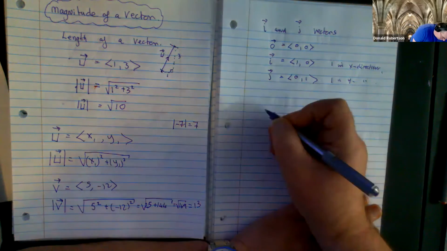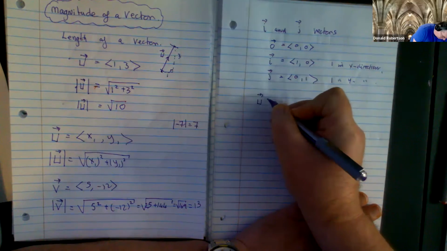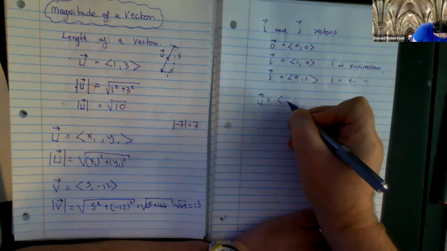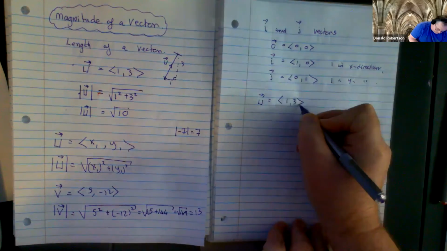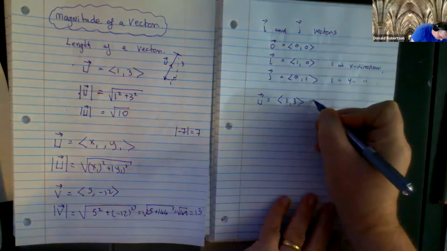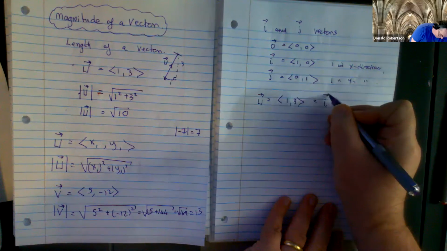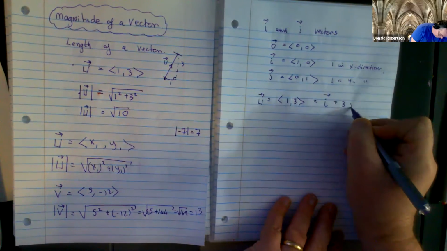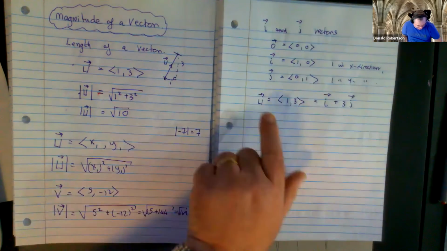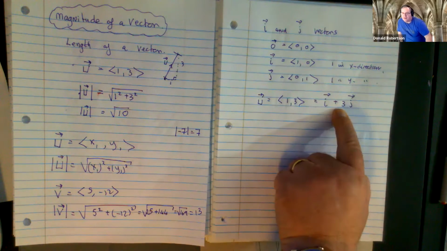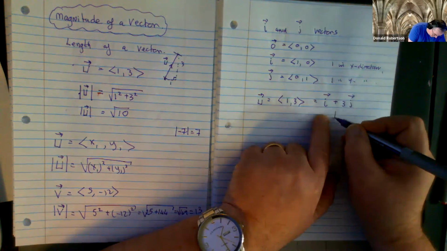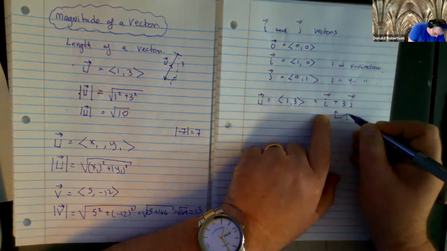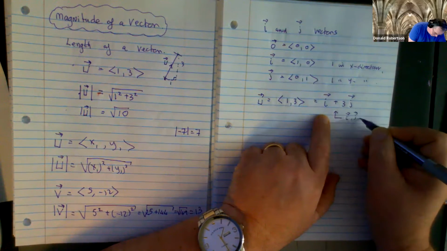How are they used? Well, here's one of the ways they can be used. Here's my usual vector <1, 3> that I like using a lot. Couldn't I represent this vector using that notation? When you write a vector down like this, it's ij notation.